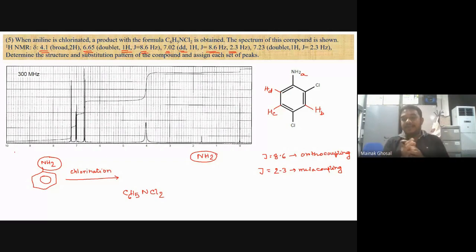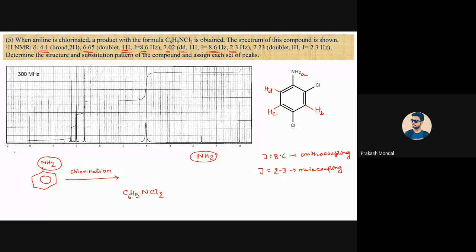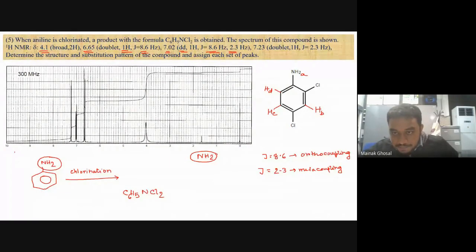Which among B, C, and D is involved in both? HC, exactly. So this is HC. It is ortho coupled with this one, with a coupling constant of 8.6, and meta coupled with this one, giving 2.3.